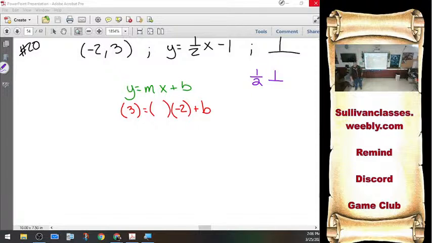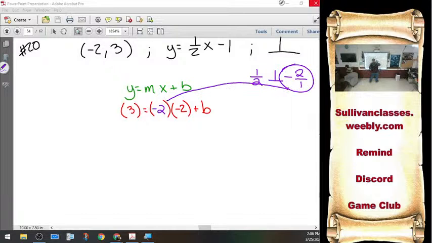Okay, positive or negative? Remember, we flip and change the sign. That's what perpendicular does. So I'll flip it into a 2 and 1. I'll change the sign. Now, we're not going to leave it as 2/1. We're just going to write negative 2.